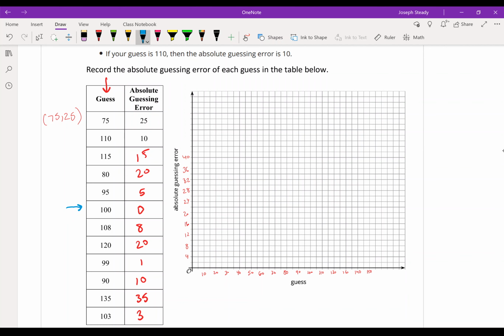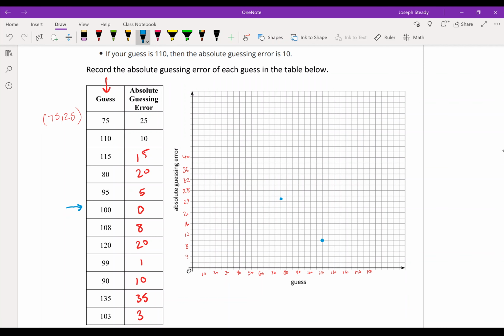And then I'm going to go up to where 25 is, which is right about here. And I'm going to plot a point. And I'm going to do the same for all of these points. If I have 110 as my input, as my guess, then 10 is my output, which is right here.